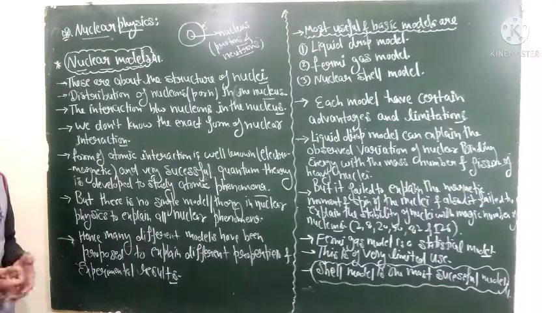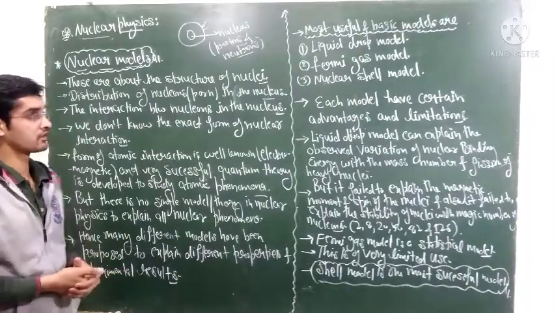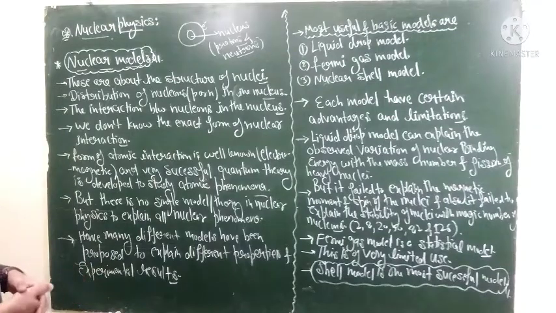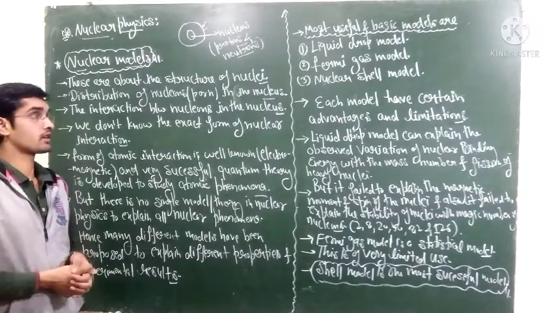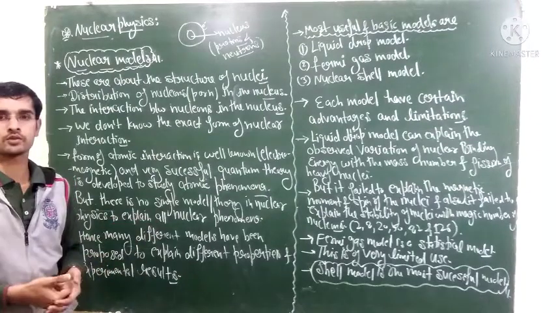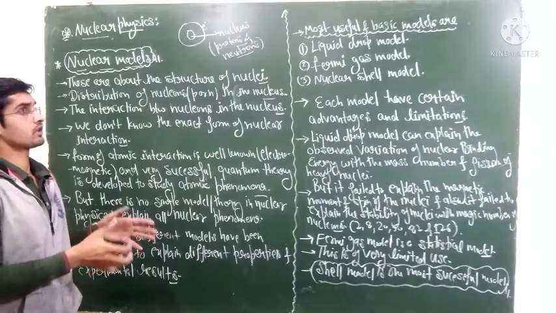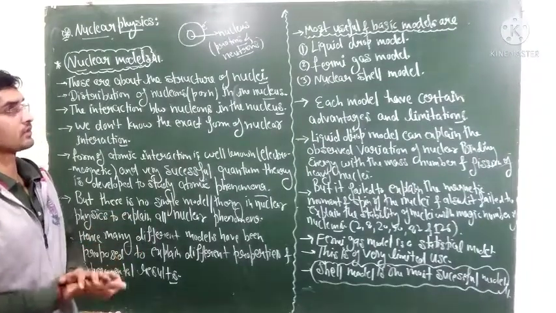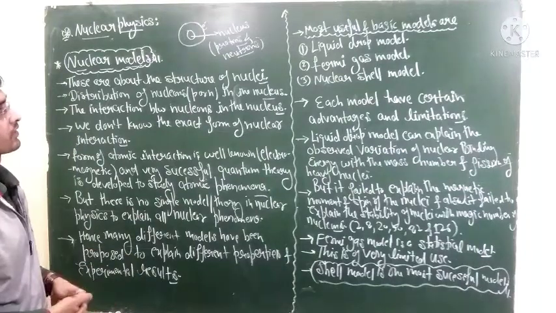Why are we interested? Because we want to know the structure of nuclei and the things happening in the nucleus. The most useful and basic models that we start studying in nuclear physics are these three. They are not the only ones, as we have many other nuclear models, but these are the basic ones. The first is the liquid drop model.